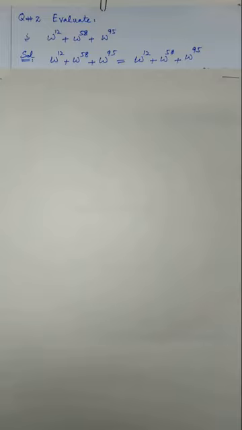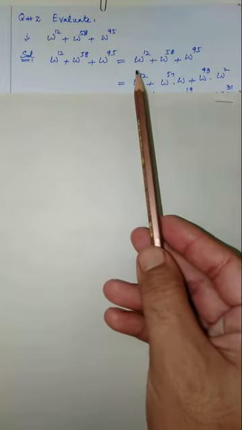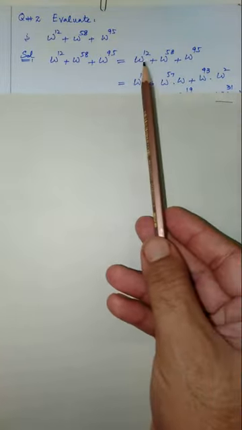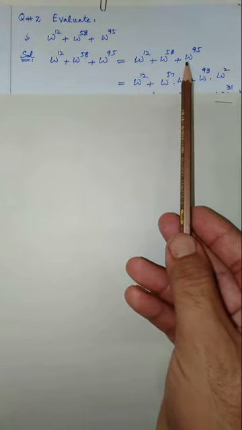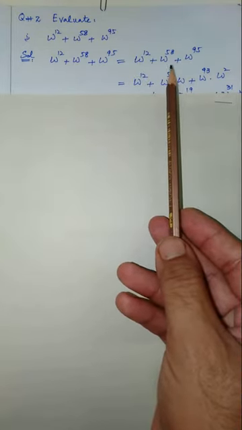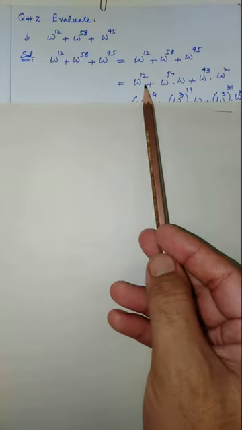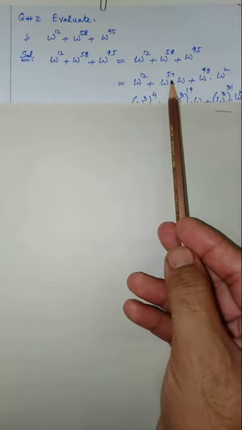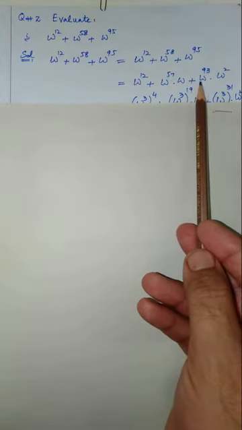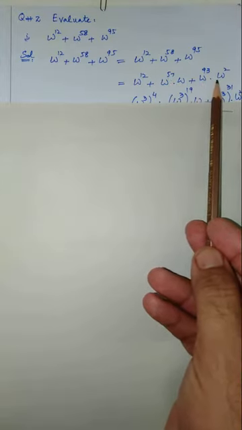So this is equal to omega 3 bracket power 4 like this. Simplify these exponents or powers of the omega. So these will be divided by 3 like this: omega 12, omega 57 dot omega, omega 93 dot omega square.